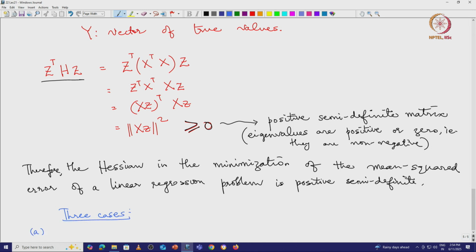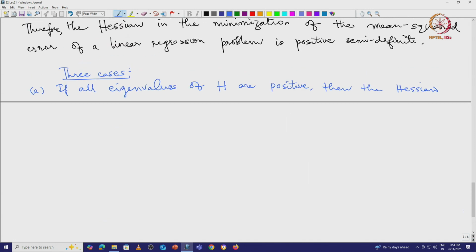The first is that if all the eigenvalues of the Hessian are positive, then the Hessian, which is the matrix of second order derivatives that I had written down in the previous lecture, is positive definite, and the considered point at which you found the Hessian is a local minimum.